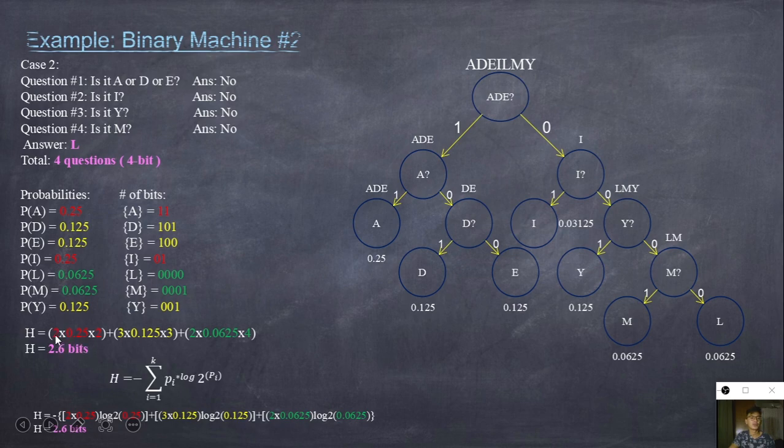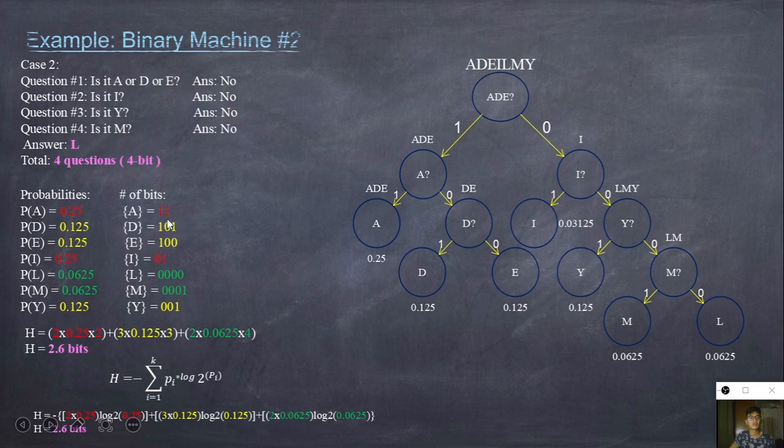Similarly, the 2 is represented by the 0.25 probability, which we look for in the binary machine. There are two outcomes with probability 0.25, and 2 is the number of bits, represented by 1 and 1.